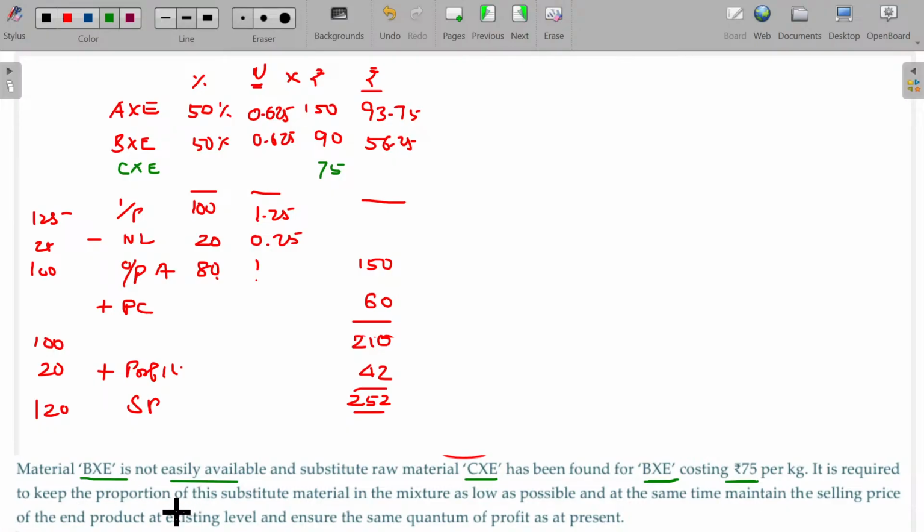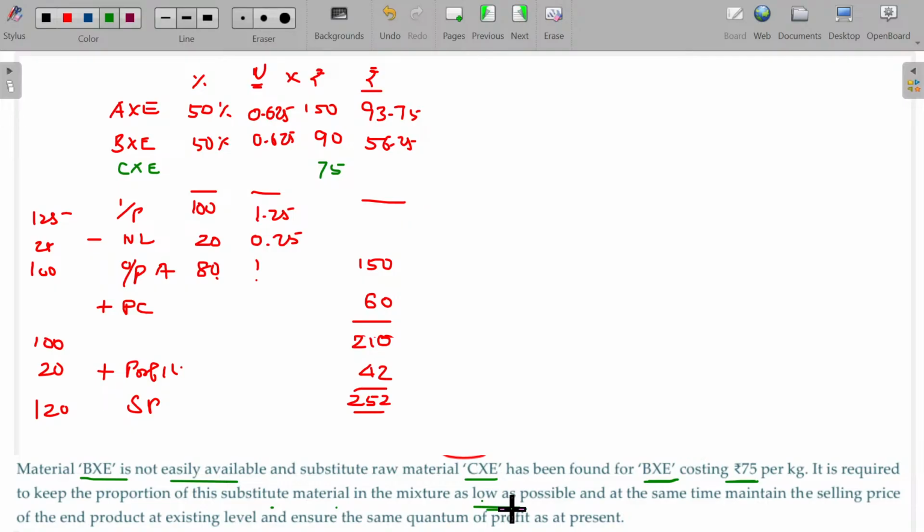And the customer will demand, sir, you have changed the price from 90 to 75, I am not satisfied. Give me a quality product. You used substandard raw material. Rather than BXC, you have given me CXC. I don't accept this. It is required to keep the proportion of this substitute material in the mixture as low as possible. Earlier AXC and BXC were mixed at 50-50.